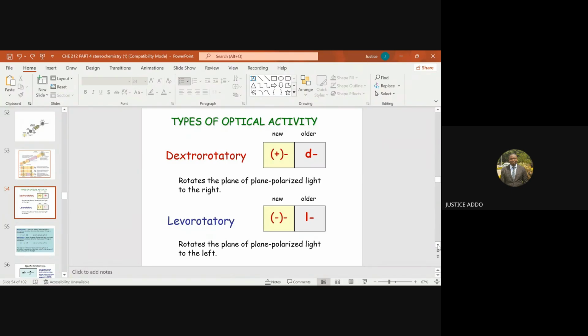So in terms of the optical activity and the rotation, we have talked about the R and the S. But wherever you see the R, it is the same as the plus.